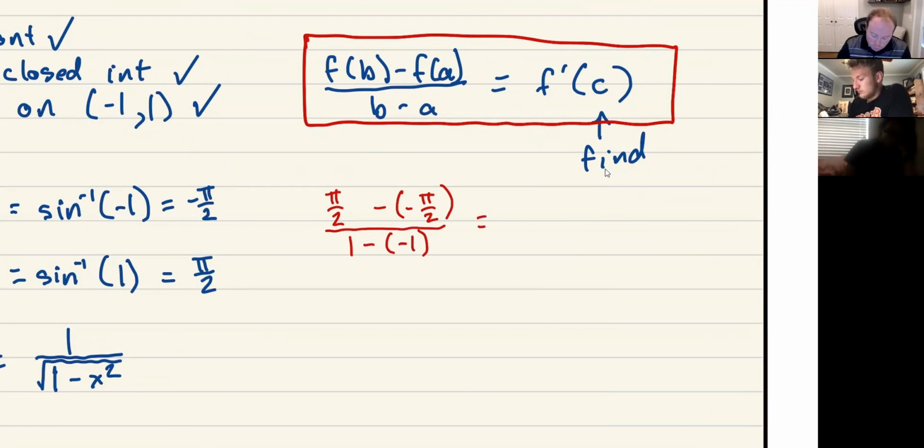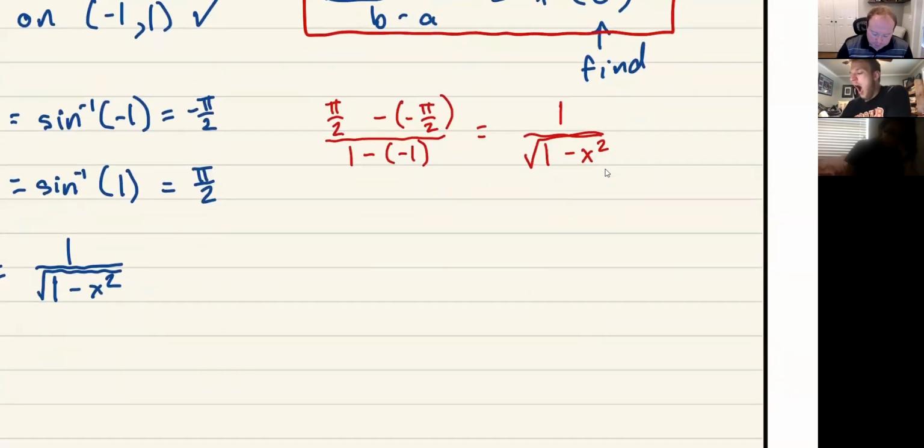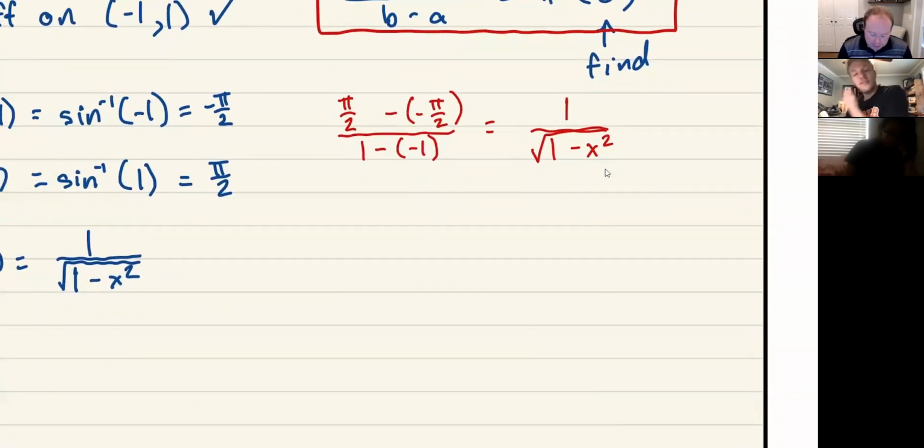And then this will be equal to the derivative, which is 1 over the square root of 1 minus x squared. You could put c if you want, but we're just looking for some value of x. This will take a few steps, but let's go through that.